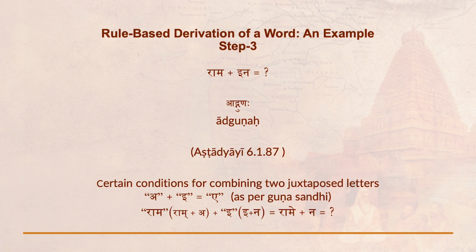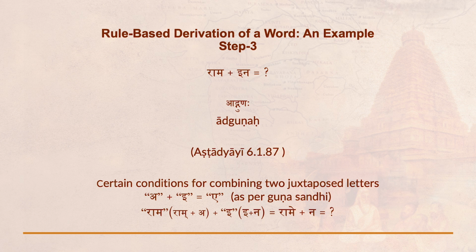As per the rule, when a vowel A is followed by another vowel E, both will be replaced by the vowel E as per Guna Sandhi. Since there is A at the end of Rama followed by I, this will apply. So it becomes Rame plus Na.